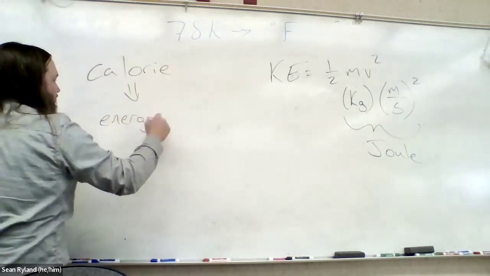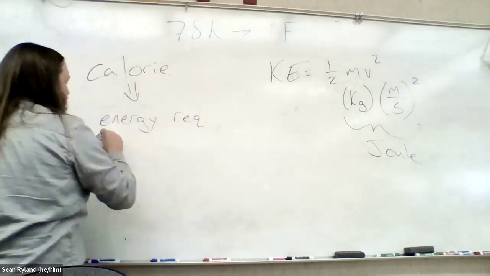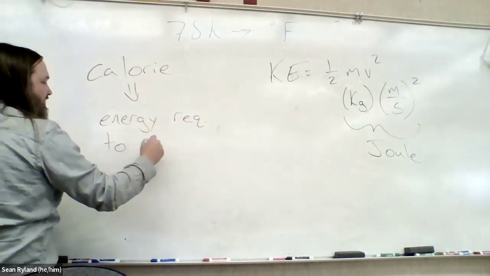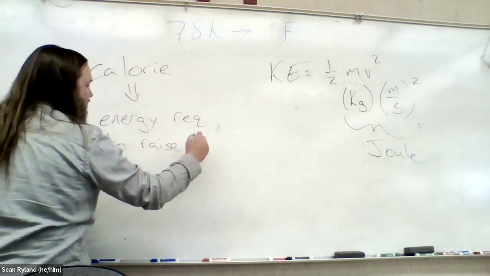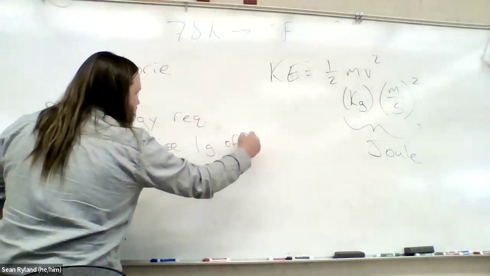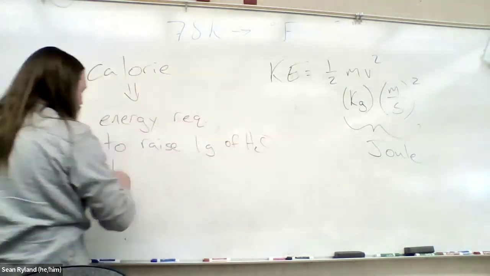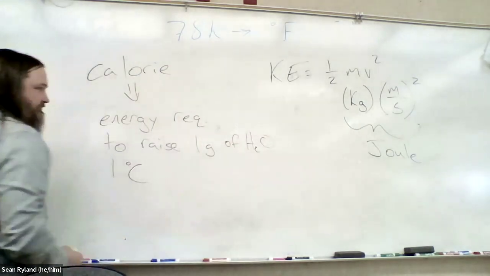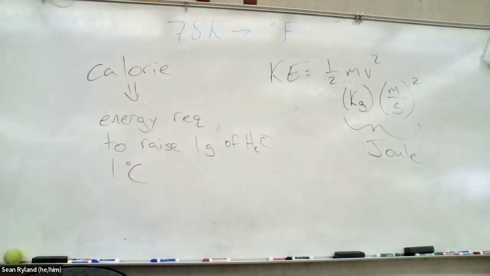So the two common units, a calorie is defined as the energy required to raise 1 gram of water 1 degree Celsius. That's kind of a weird unit though too, right? But if you think about energy as being something that changes temperature, then it kind of makes sense.